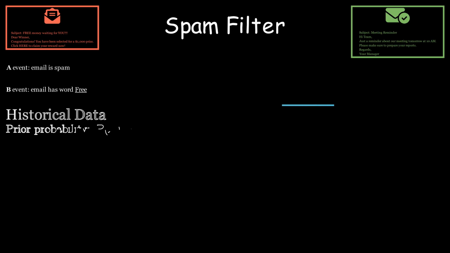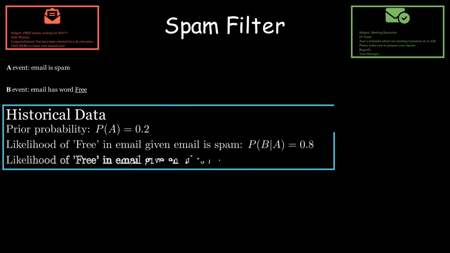Based on that, let's define the following events. Let A be the event that an email is spam, and let B be the event that an email contains the word "free". Note that these events are not independent because the presence of the word "free" does not guarantee that the email is spam.